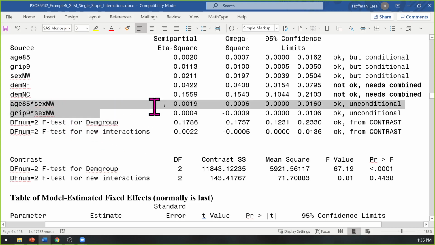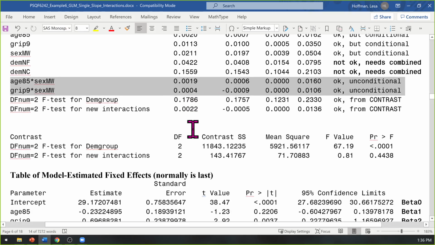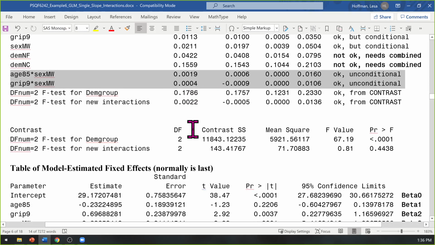And then the only terms that are unconditional are the interaction terms, because there's no higher order term that contains that same set of predictor variables. So this is something that Stata does not give you, these semi-partial eta squares, which is why I only ask for them if they can be given by a test or a contrast statement to keep everything fair across the programs.